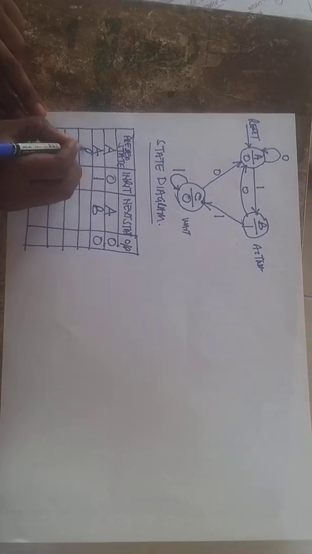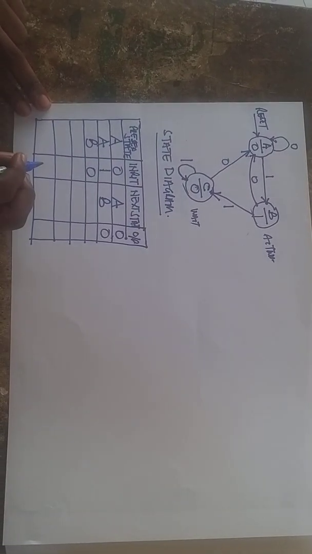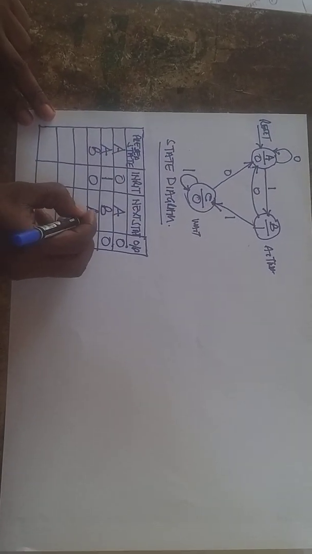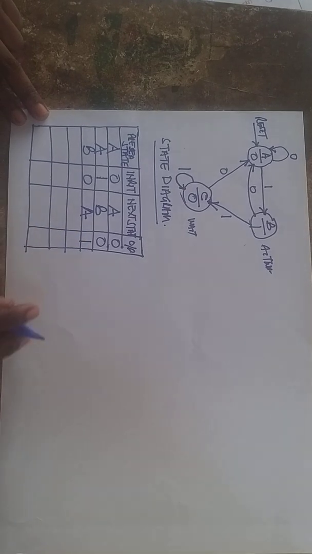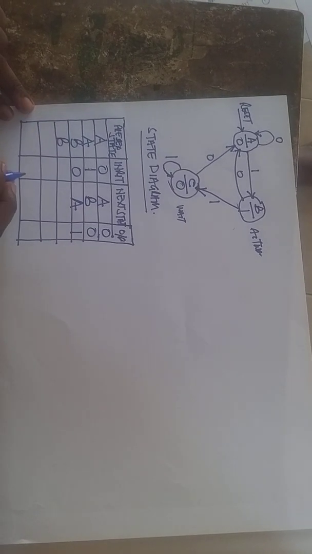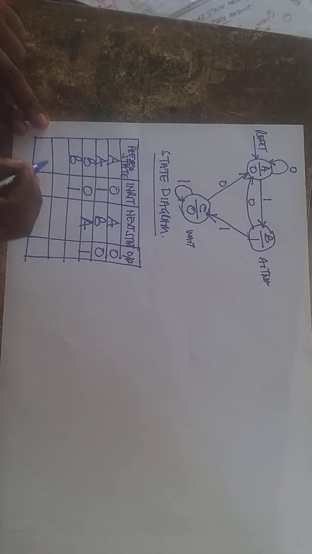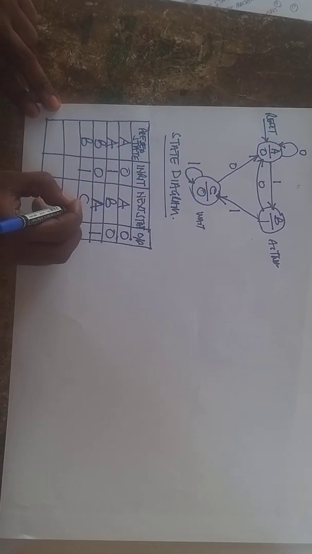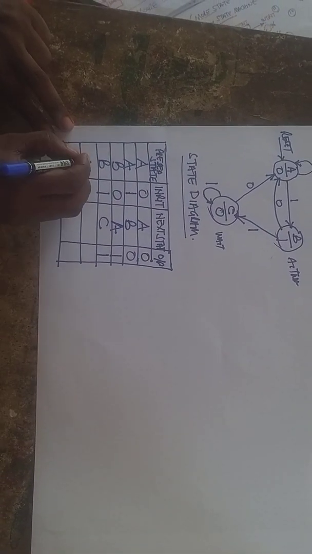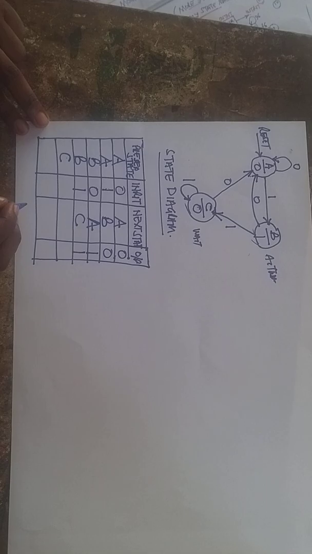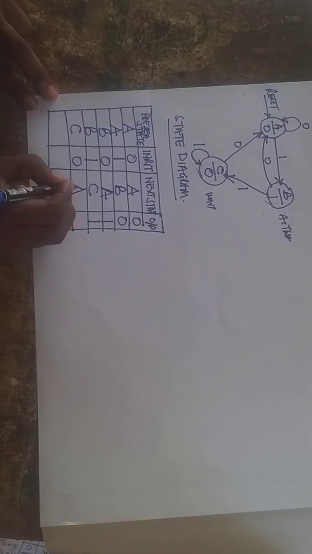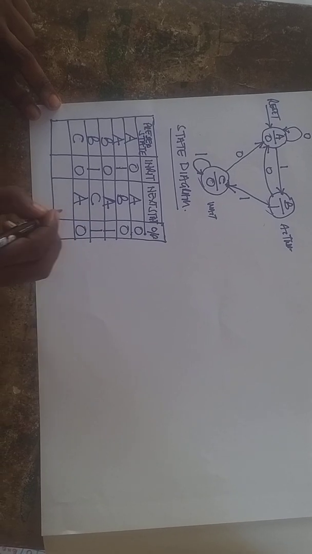At B, when the input is 0, it goes to A, and the output is 1. At B, when the input is 1, it moves to state C, and the output is 1. At C, when the input is 0, it goes to A, and the output is 0.